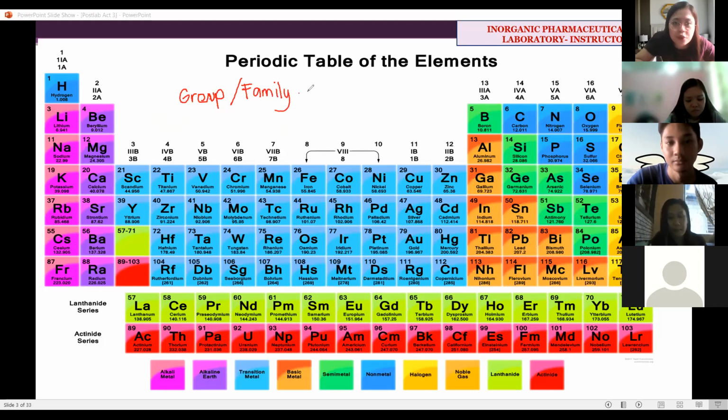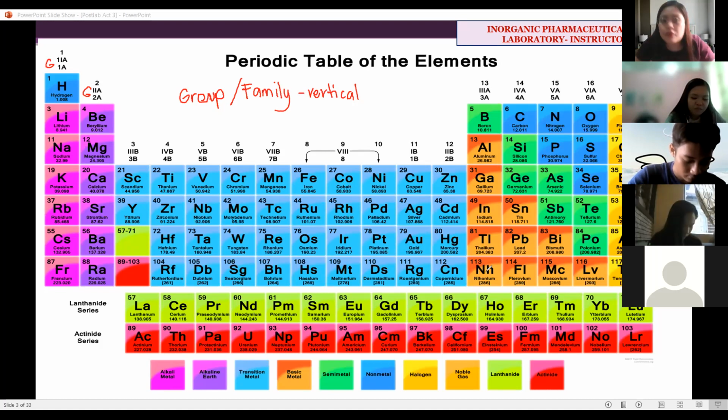So when you say group, it's the vertical arrangement of the periodic table, vertical meaning upright. This one is group 1A from hydrogen to francium. This is group 2A from beryllium to radium, and so on. Scandium and yttrium belong to the same group. The same here, boron to nihonium belong to the same group. That's the vertical arrangement in the periodic table.